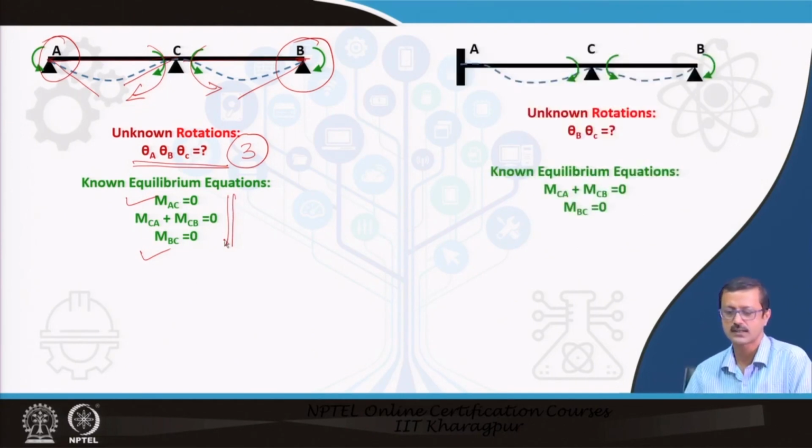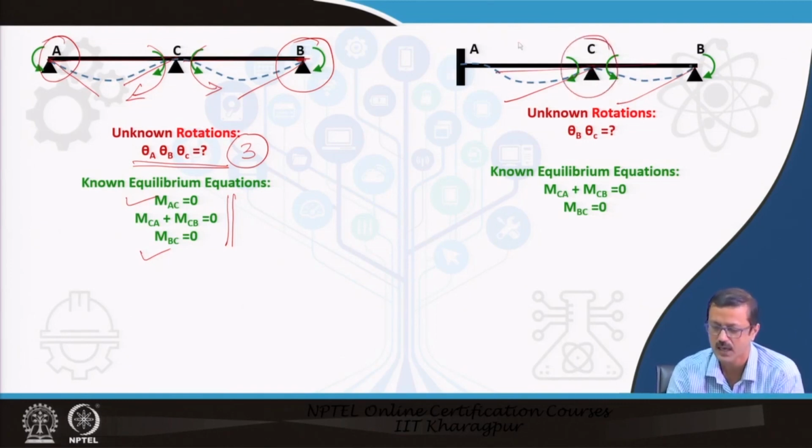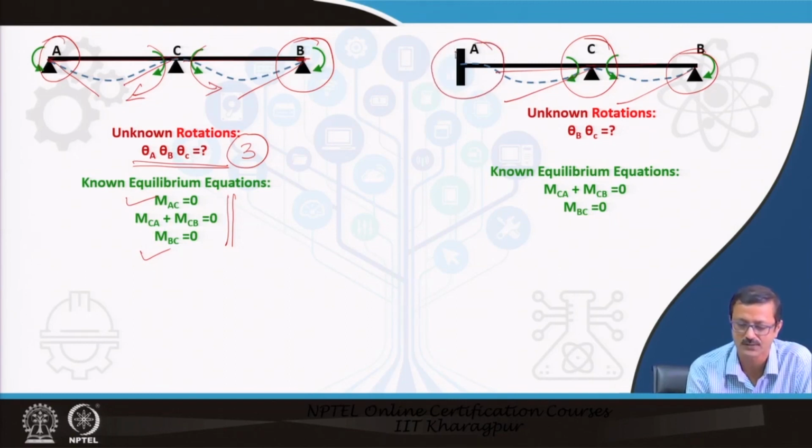For this particular case, I do not know the rotation at C and the rotation at B, but I know that there are 2 equilibrium equations. One is CA plus CB is equal to 0, otherwise the support C will be in problem, and at this end the moment at B is equal to 0. But the moment at A cannot be equal to 0 because it is fixed.